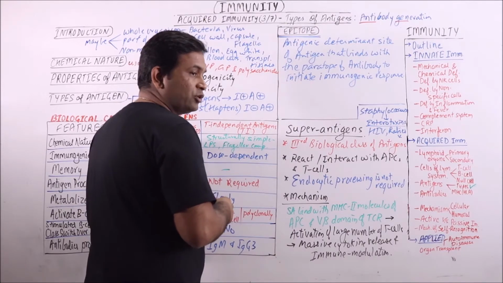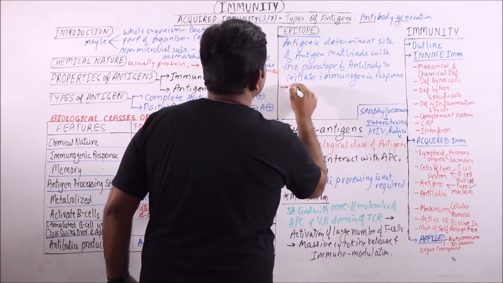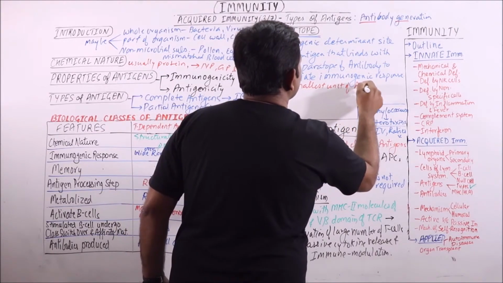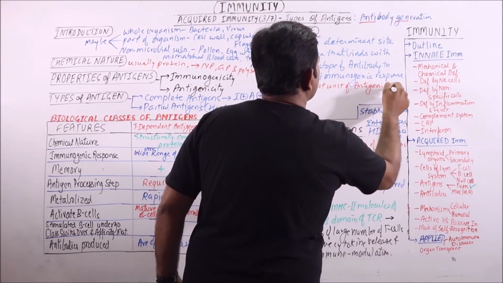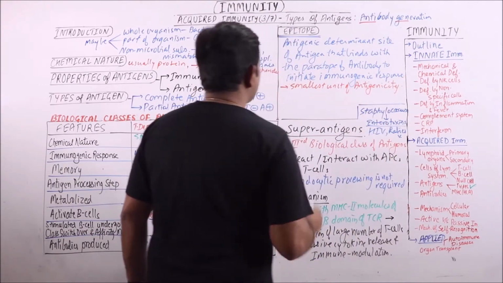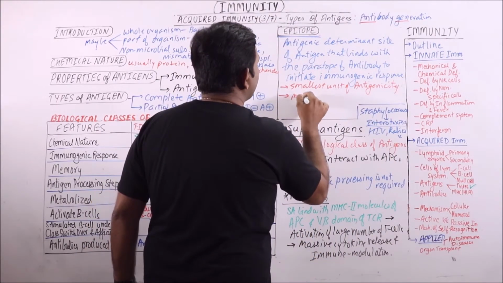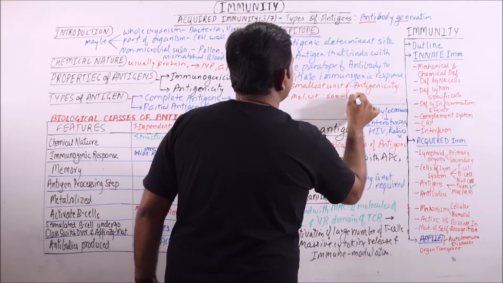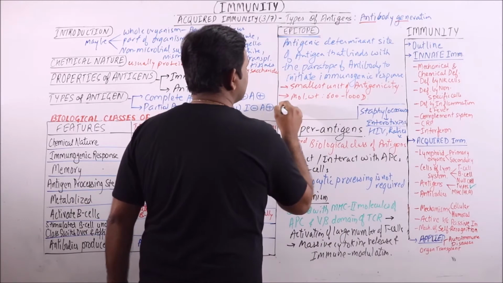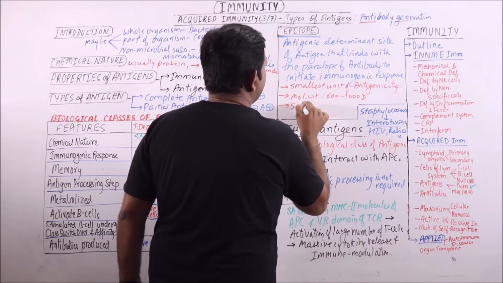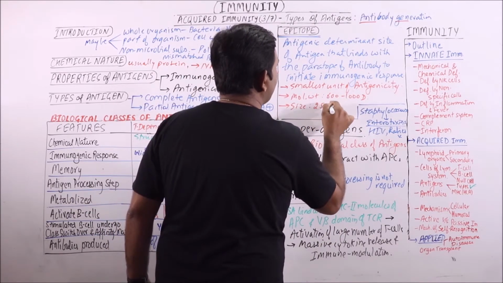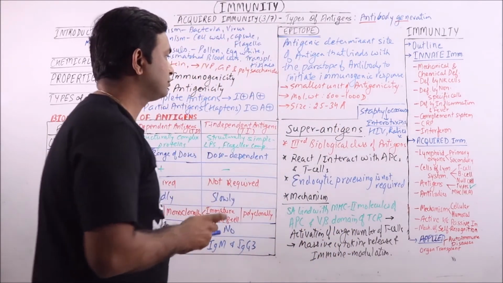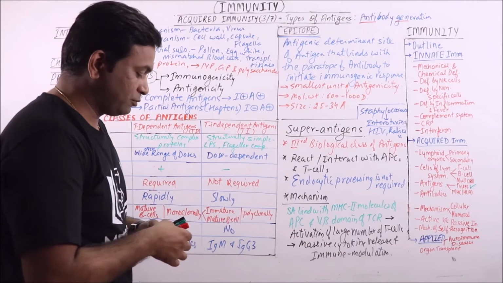It is the smallest unit of antigenicity. Its molecular weight is between 600 to 1000 Daltons and its size is in range of 25 to 34 angstrom. So this is epitope.